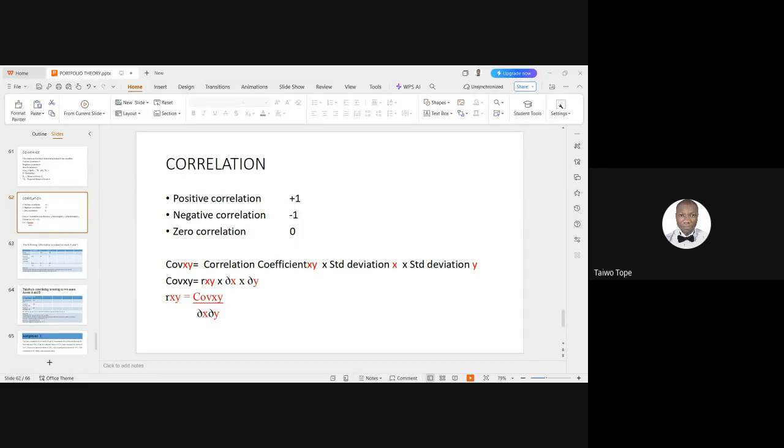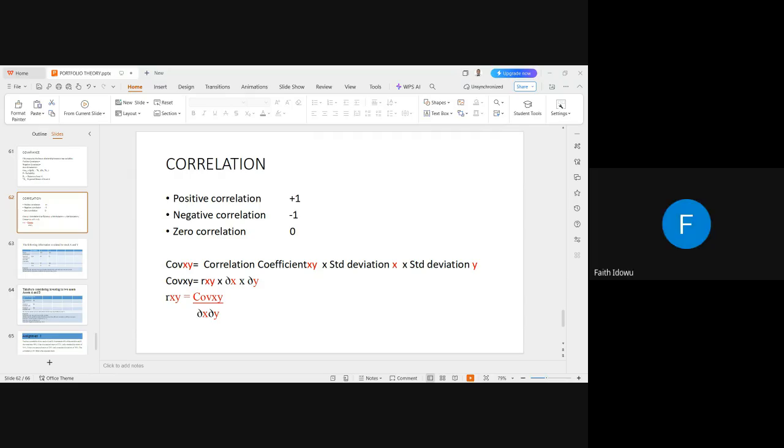Is there anywhere we showed covariance of security A and B before now? Flip back to your book. Yes, sir. So for you to get covariance of XY, what is the formula?